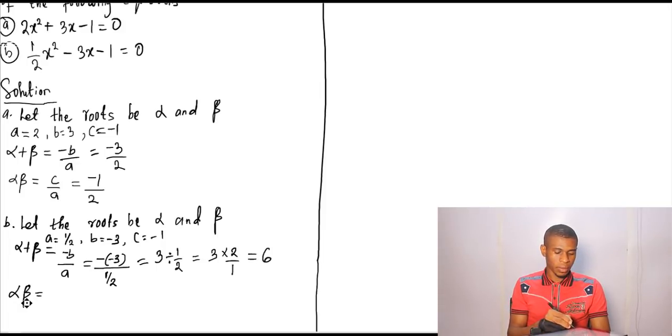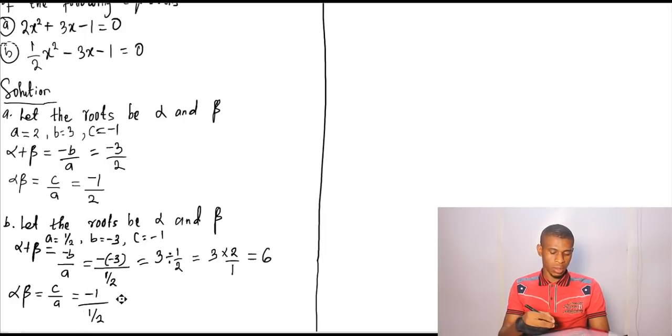Alpha beta is equal to c over a. In this case, c is minus 1, a is 1 over 2. My answer will still be negative. I have minus 1 divided by 1 over 2, which is equal to minus 1 times 2 over 1, equal to minus 2.